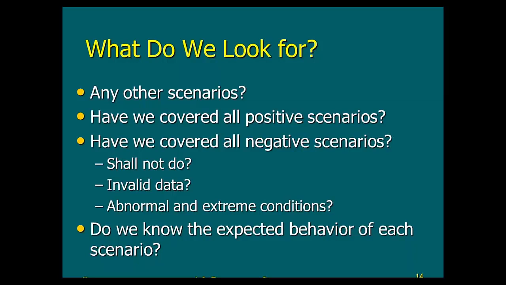Most importantly, in the validation process, we want to agree as a team, or at least as a developer, a tester and a product owner or a business analyst, on the expected behavior of a scenario. I mean, scenarios are there.